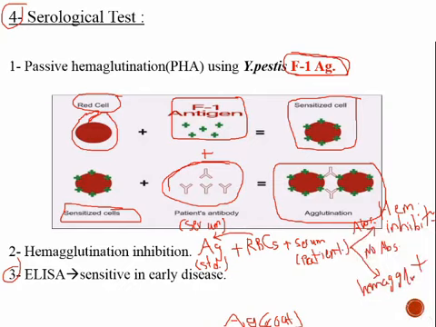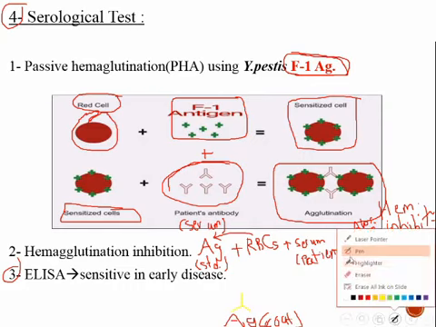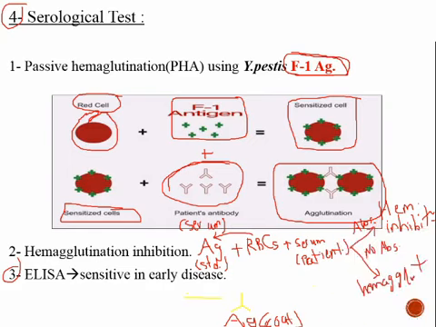If the serum sample of the patient contains the antibody for Yersinia pestis, the antibody will bind to the antigen and it will not be washed away in the washing steps we usually do in the ELISA. So this is from patient serum.